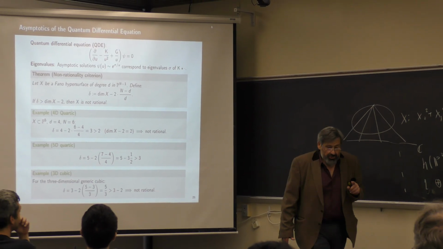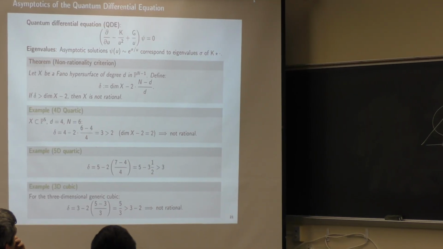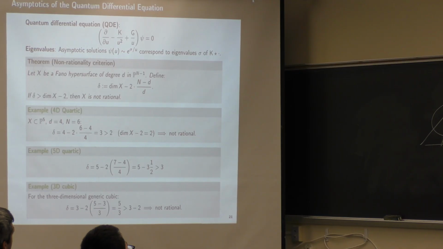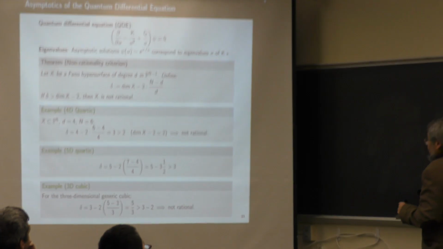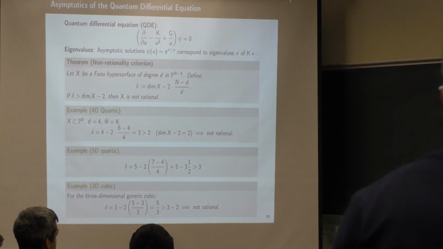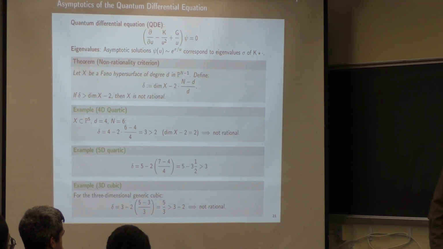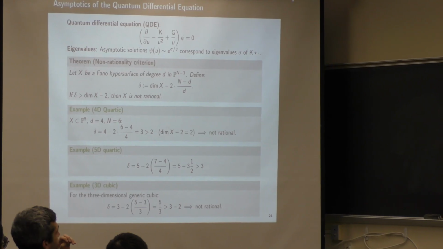We'll look at the solutions of this equation and their asymptotics when it comes to sub-exponential growth solutions. And now, using these atoms, one can show that the asymptotics of these solutions are actually birational invariants.